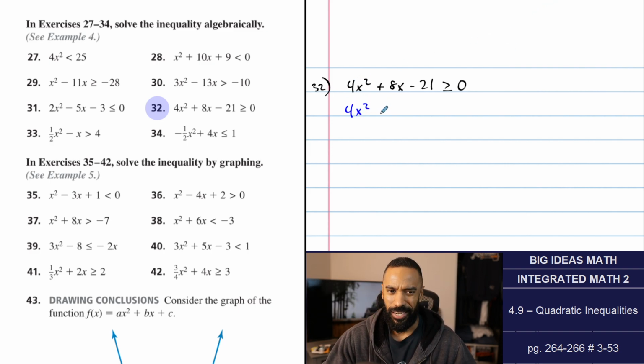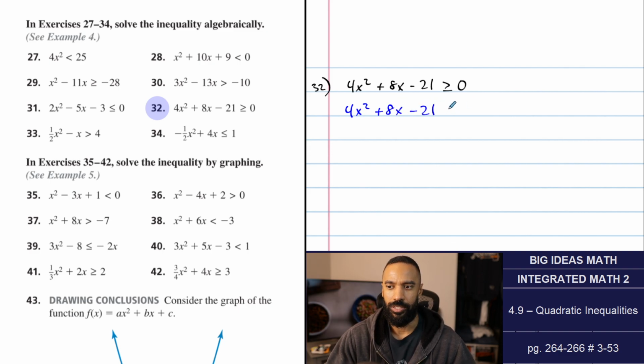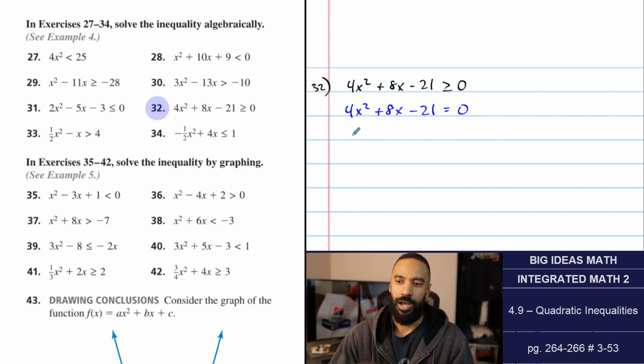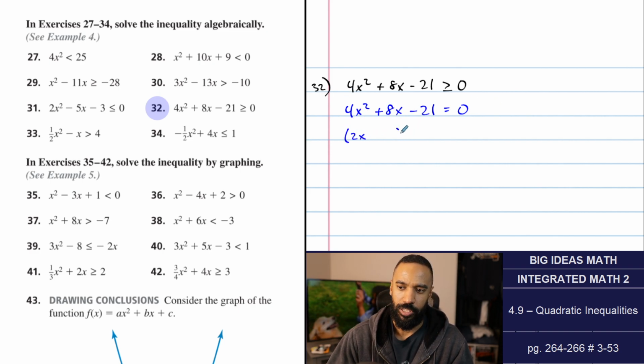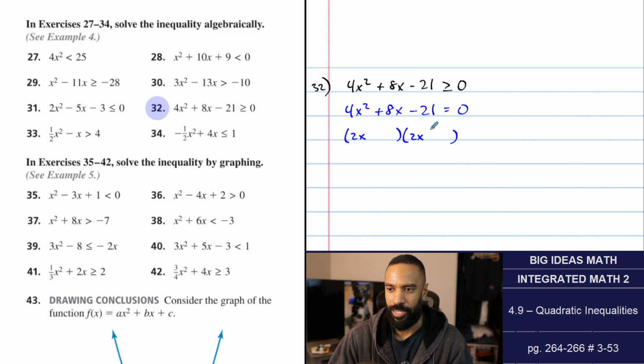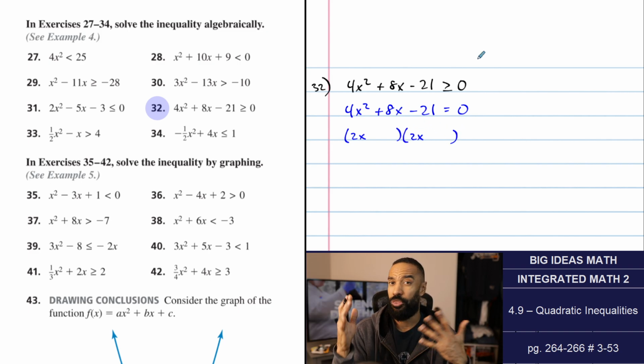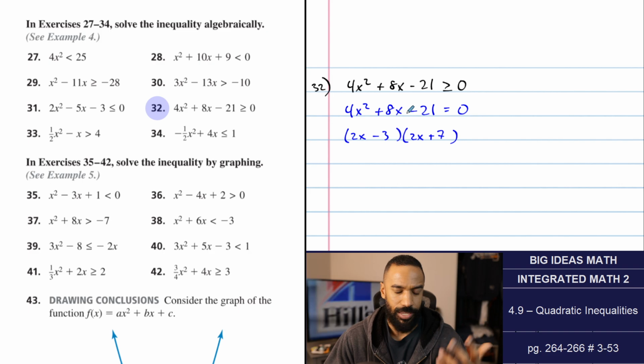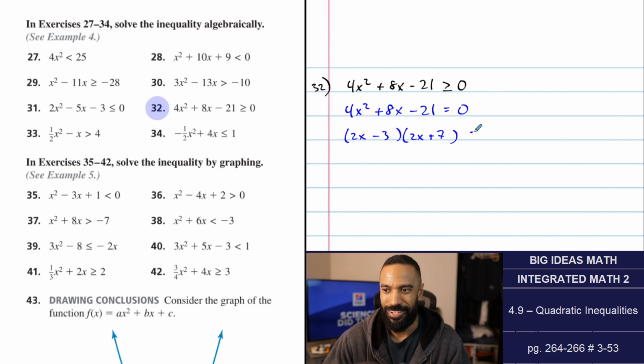I'm kind of hoping it is. Given that it's another even, given that the last one was, generally the odds and evens kind of work with each other, so I'm going to guess it is. If it's factorable, it'll be a 2x and 2x case, not a 4x and x case, because this number's even. 7 and 3, if it's going to work, the 7's positive, the 3's negative, like that. 14 minus 6, that's 8. So, yep, it factors. All right, that was the one test and it worked.